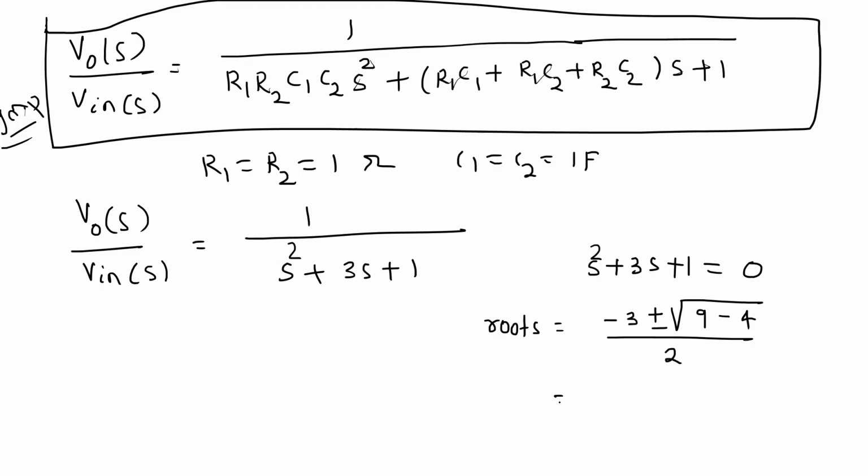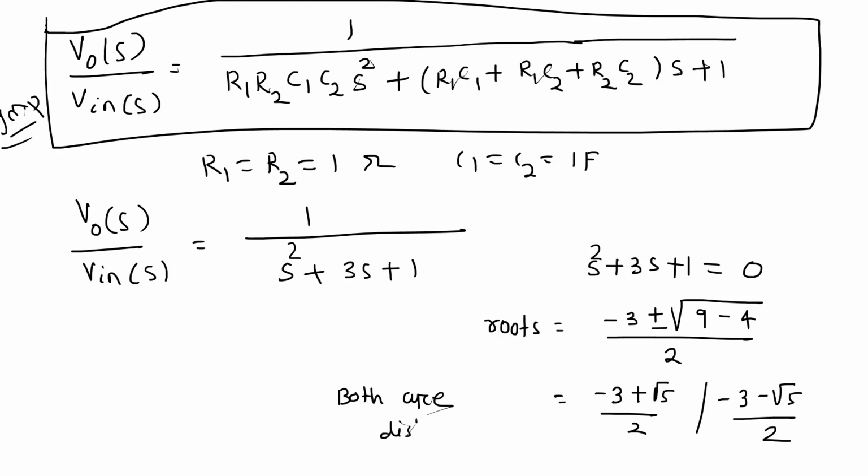So the roots are minus 3 plus root 5 by 2, and another is minus 3 minus root 5 by 2. Okay, both are negative numbers. So both are distinct, there are two different points, and they are real, because there is no imaginary term, so they are real and distinct.